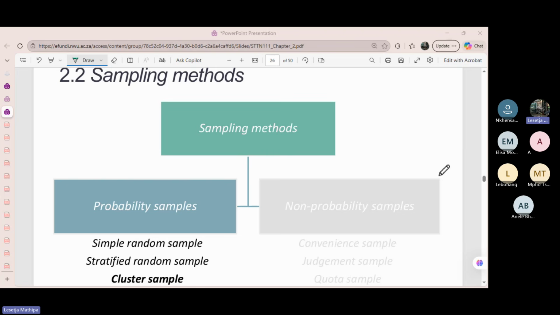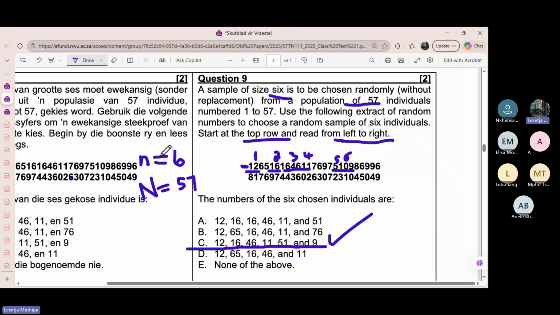I'm not sure if it was Mpo or Lewang, the person who sent me a question. That question is based on chapter 2, on stratified random sampling. Which question paper was that one? Was it 2025?